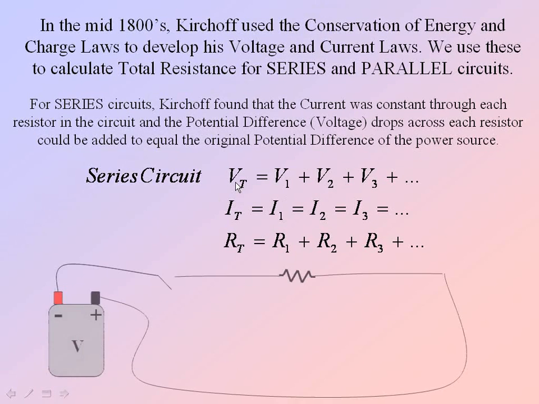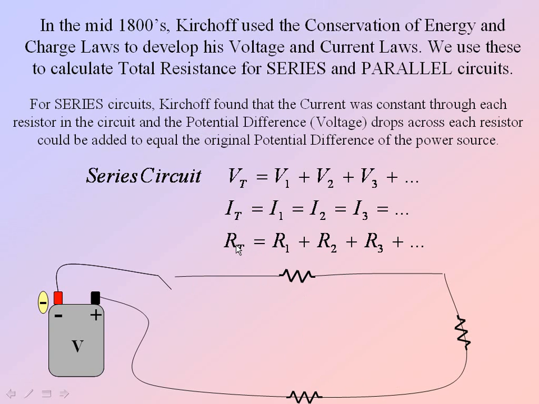So, as electrons pass through each of these three resistors, the voltage drop across those three resistors, numbers 1, 2, and 3, is going to add to the total voltage of the battery. However, the current that goes through this resistor has to be the same as the current through each of the other two resistors because the current or flow of electrons has no other pathway to take.